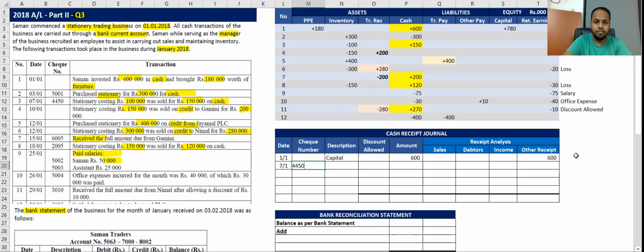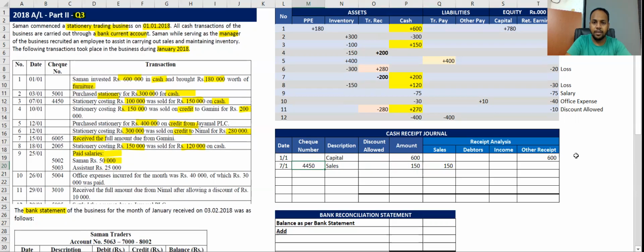Check number is 4450. Stationery costing 100,000 is sold for 150,000 on cash. So this is sales. How much we receive? 150. This is cash sales, 150,000.